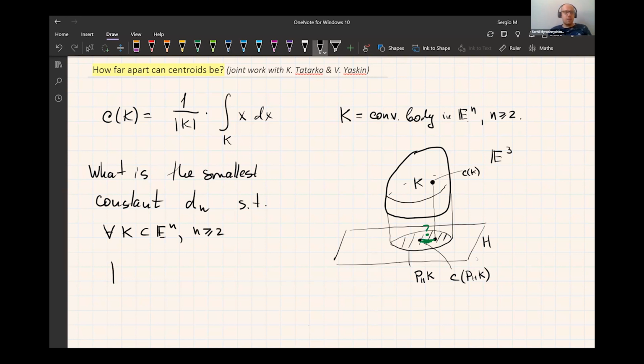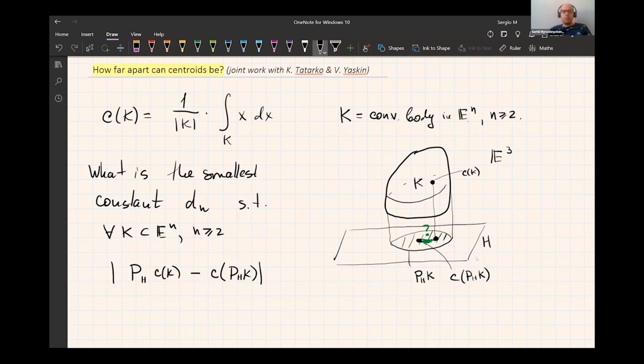The distance between the projection of the centroid, this is the second point, right here, minus the centroid of the projection. How far apart can they be?